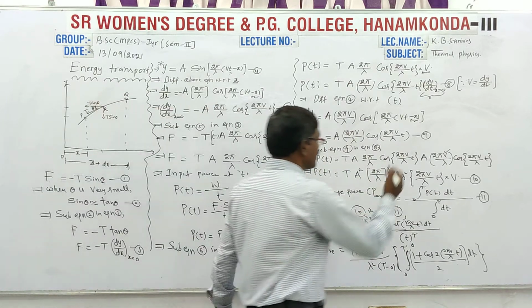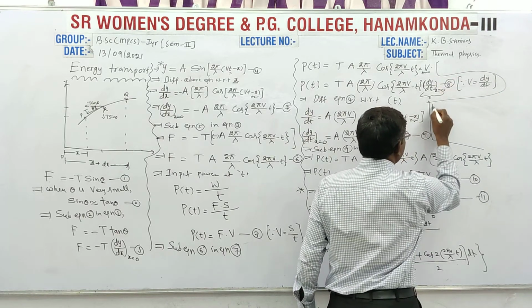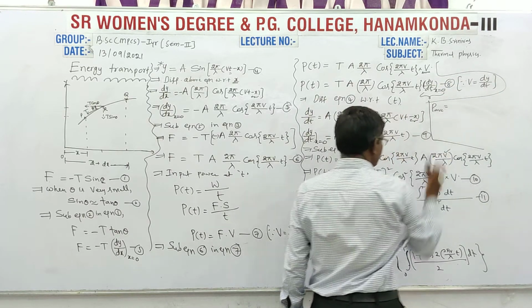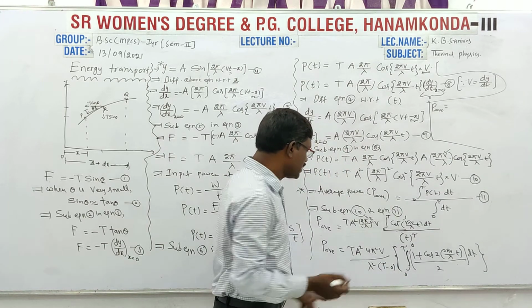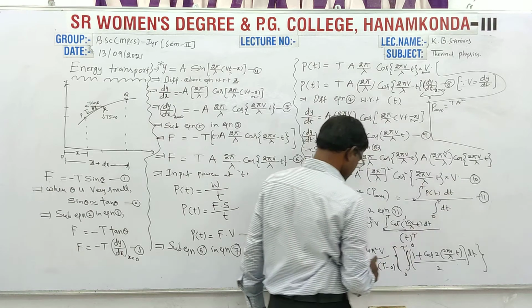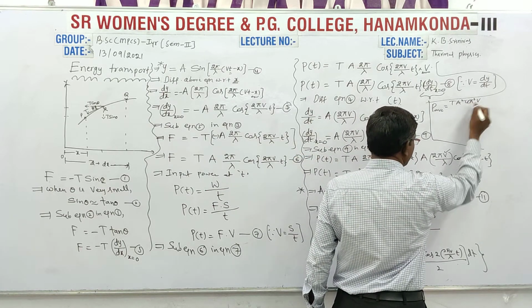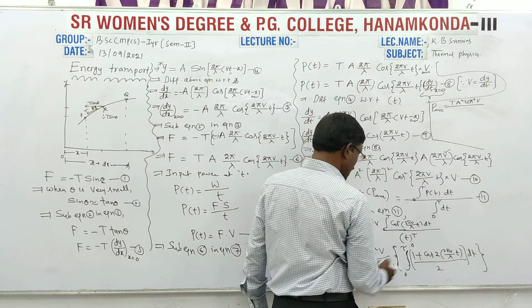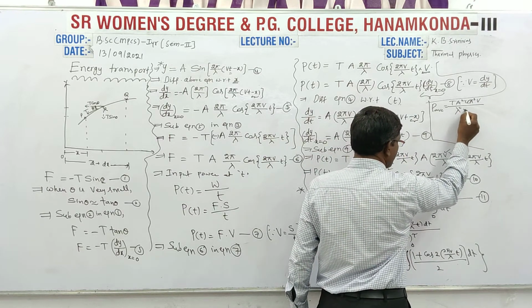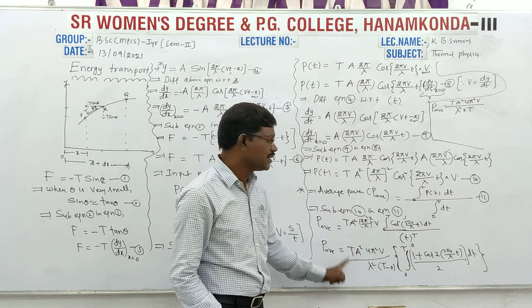Okay, average power P average is equal to T a square 4 pi square into v by lambda square into tau. I have written this term as it is.